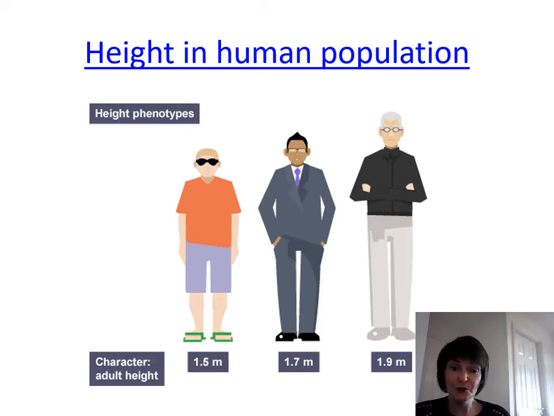Height in a human population. Again, have a look at the wee picture. Can you describe the phenotypes for these three people? The one on the left would be small in height, the one in the middle medium or average height, and the one on the right would be tall.